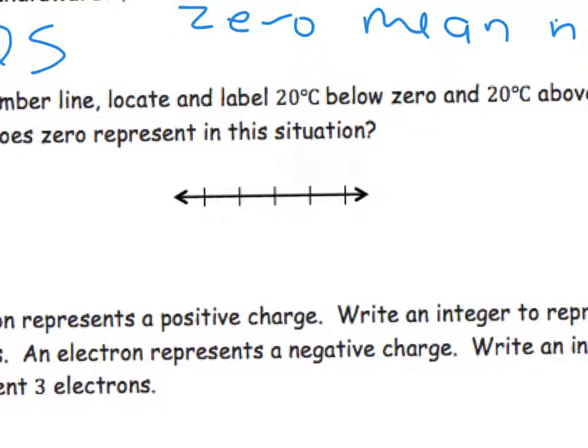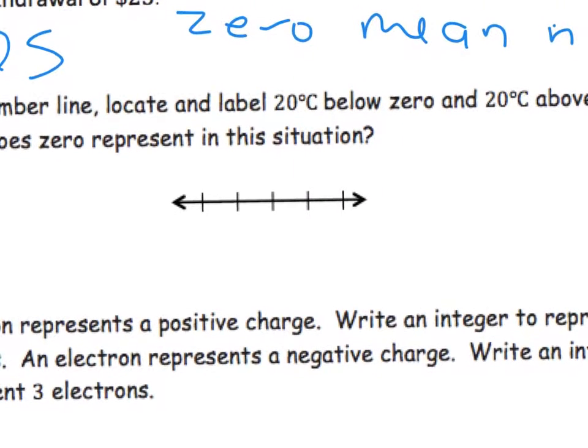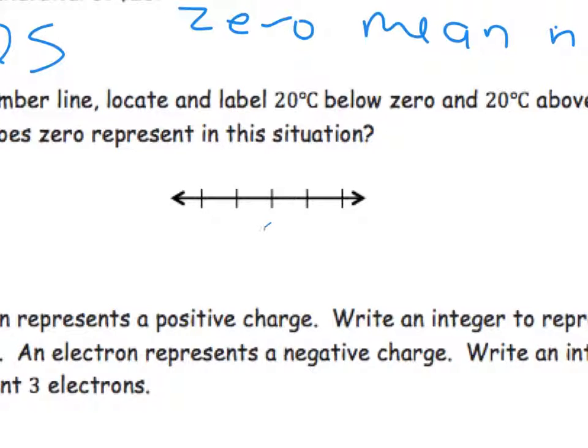Since I need to get to 20 degrees below 0 and above 0, and I only have this small number line, I'm going to choose to put 0 right in the middle, and I'm going to use a scale that fits. If I go by 1 and 2, that's not going to allow me to get all the way up to 20 and down to negative 20. So choose a good scale and then see if you can label and locate.